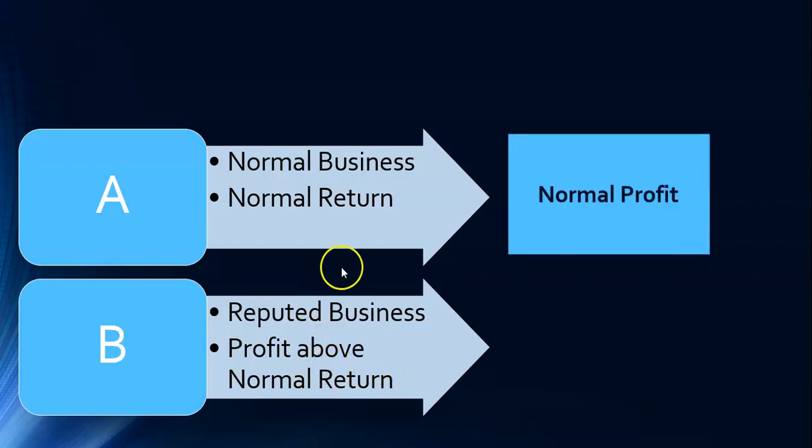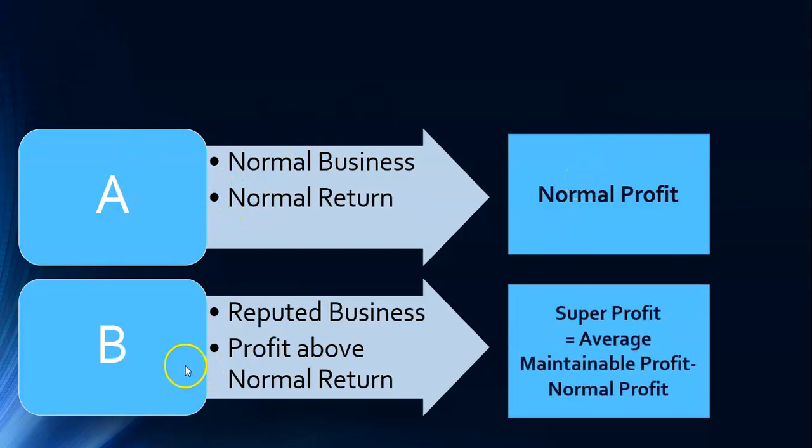So on normal return, company A is earning normal profit, and because company B has some goodwill, the customers get attracted toward the company, so it is earning super profit. So, super profit is the difference, or you can say the amount of profit above this normal profit.